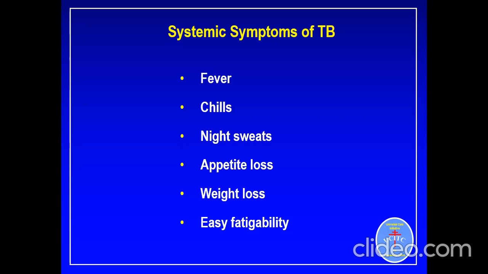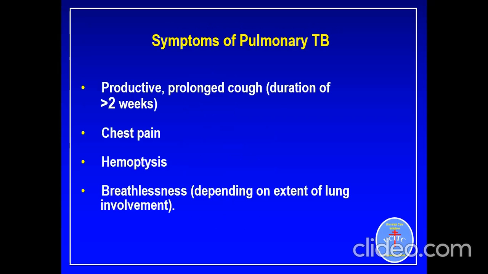And going to the symptoms of pulmonary tuberculosis, the common symptom is prolonged productive cough for a duration of more than 2 weeks, which is not responding to any broad spectrum antibiotics, or which is not due to any other associated conditions like asthma, COPD, those other conditions.